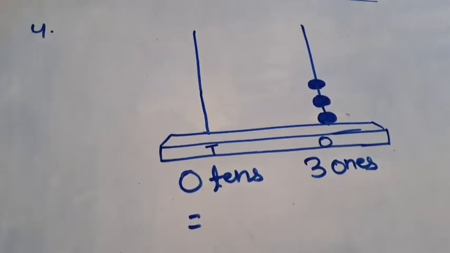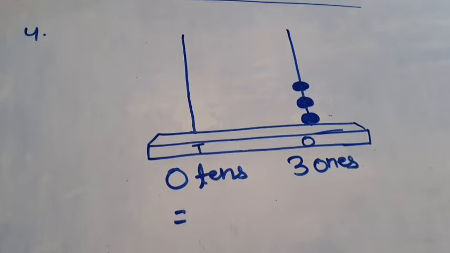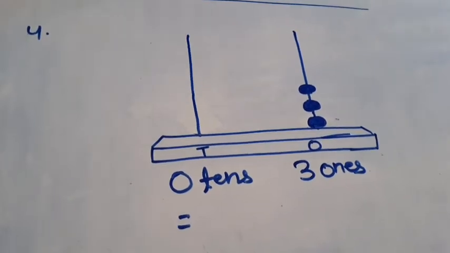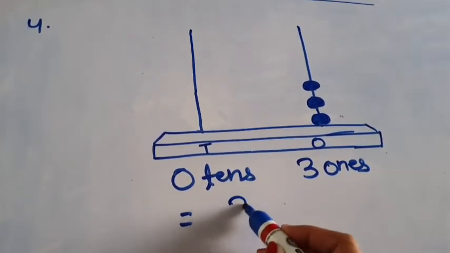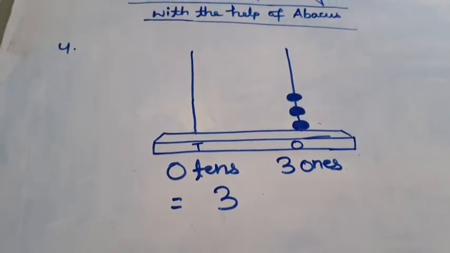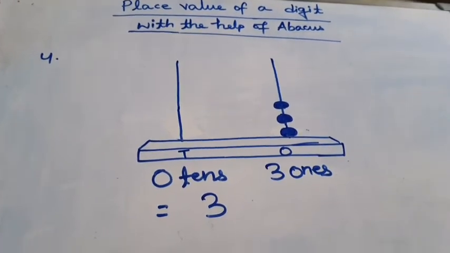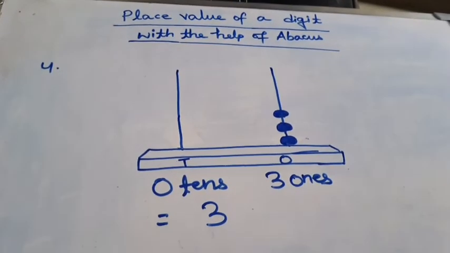Now tell me the number that we get from this abacus. The number is 3, only 3. I hope now the concept of ones and tens is clear to you all.